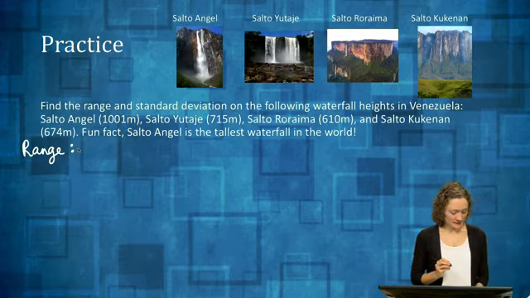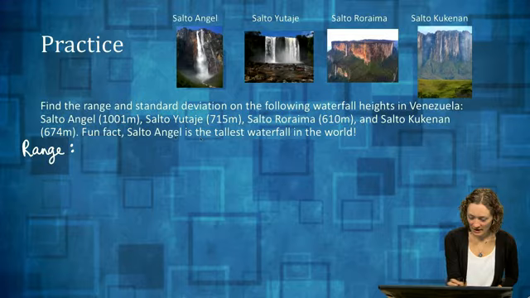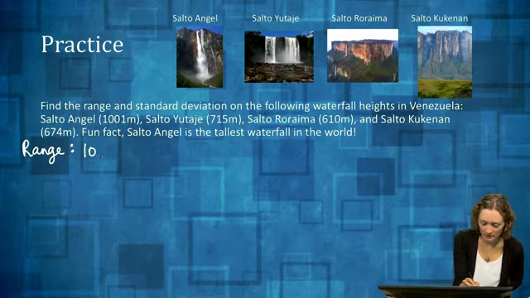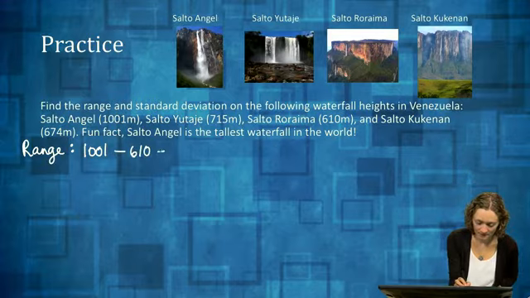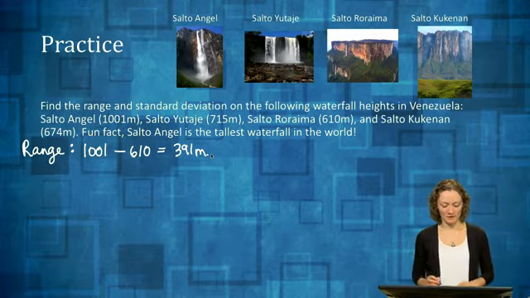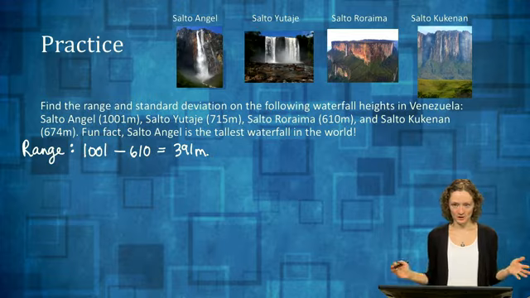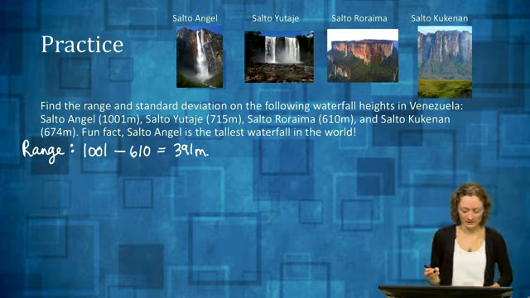Range is going to be the highest minus the lowest. Our tallest here will be Salto Angel. As we see, it's the tallest waterfall in the world. And we'll subtract the lowest of these 4 waterfalls, which looks to be 610. So subtract, and we get 391 meters, or just 391 is fine. So there's our range. There's a 391 meter span amongst those 4 data points.